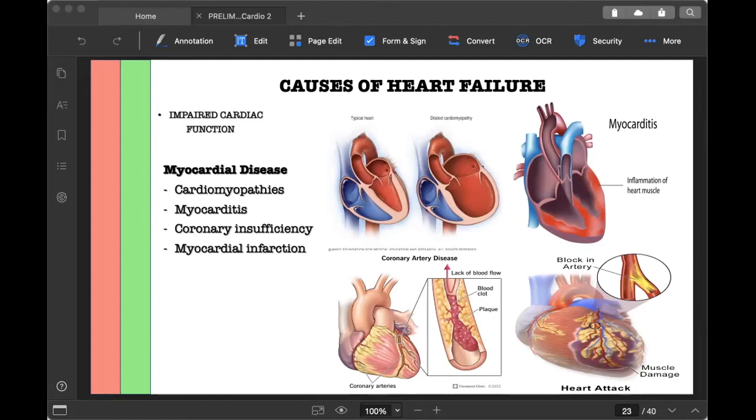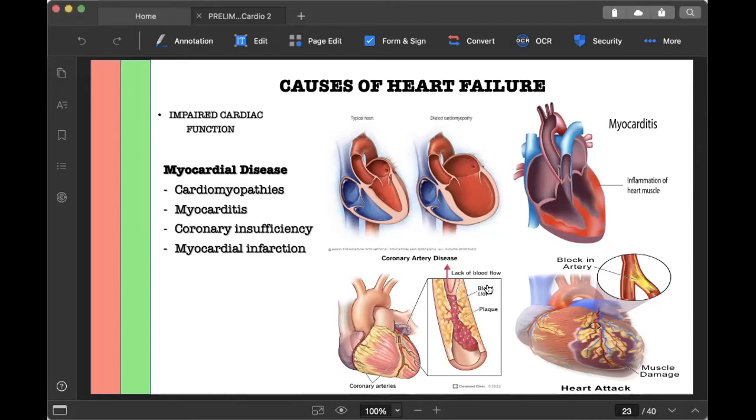How about your CAD or coronary insufficiency? This actually happens when coronary arteries struggle to supply the heart with enough blood, oxygen, as well as nutrients. And this is quite evident if there are a lot of cholesterol deposits, which we already discussed a while ago. There are also plaques, as you can see here.